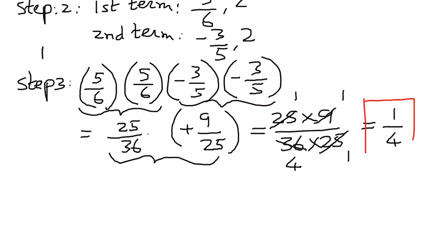When we had an exponent in the form of a variable expression, a squared times b squared, and the values of the variables were given to us as fractions, where a is equal to 5 over 6 and b is equal to negative 3 over 5, we applied the concept.